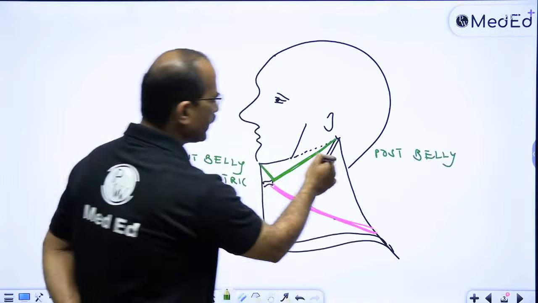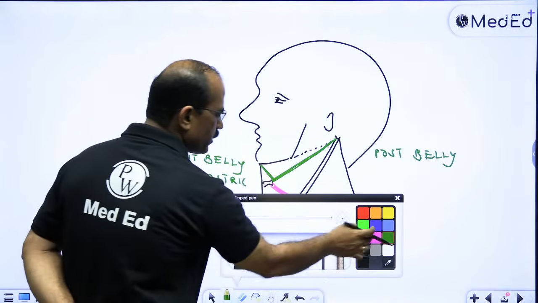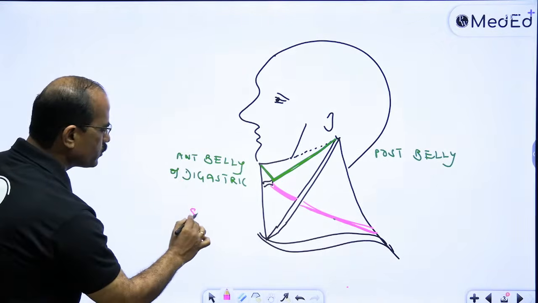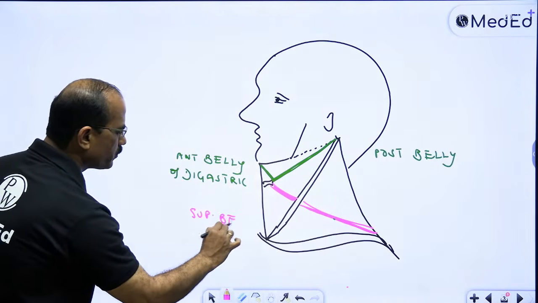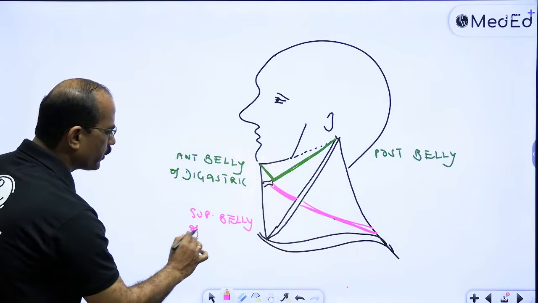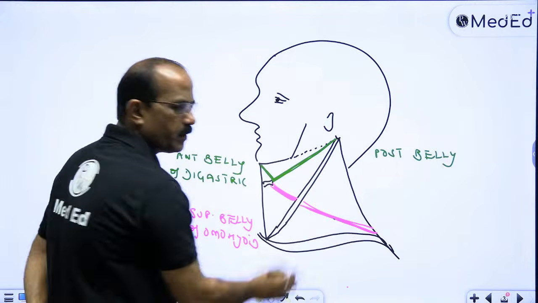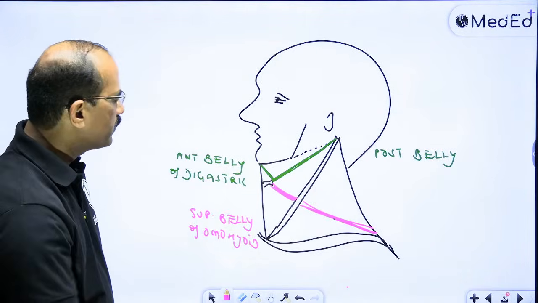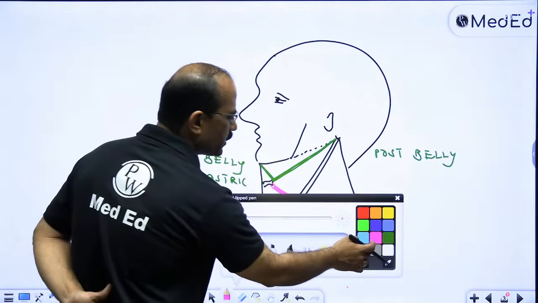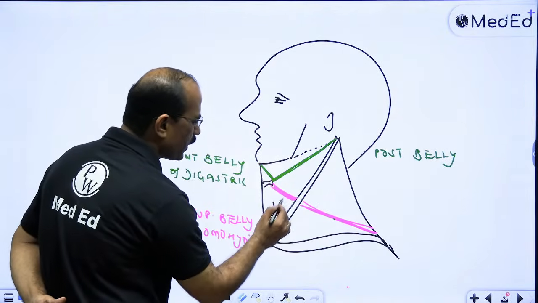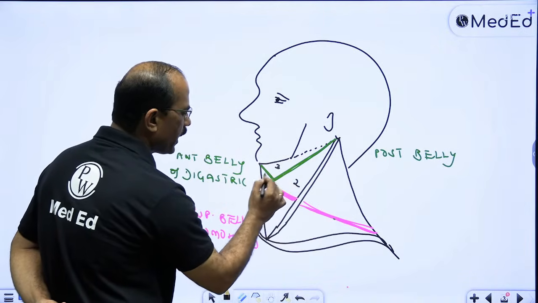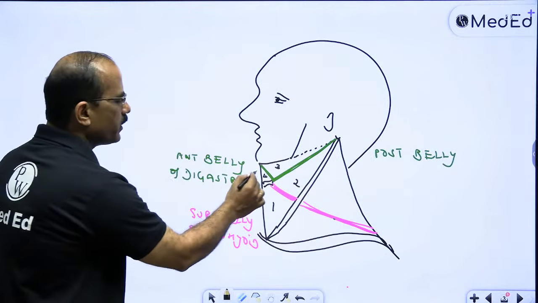What is this muscle? That's a superior belly of omohyoid. And what's this? Inferior belly of omohyoid. Perfect. Now tell me, बहुत सारे triangles मिलते हैं यहाँ पे. This is triangle number 1, that's number 2, that's number 3, and that's number 4. अब चार triangles बनते हैं यहाँ पे.